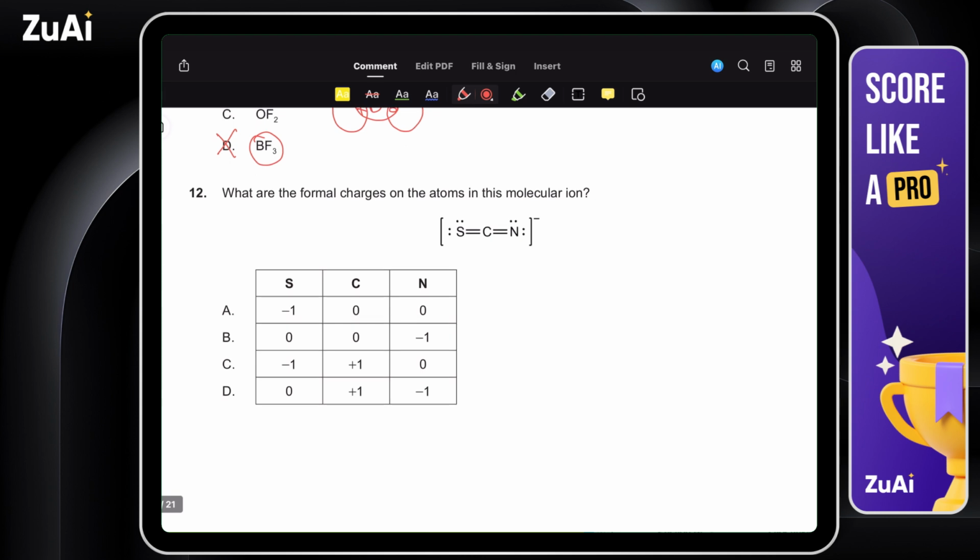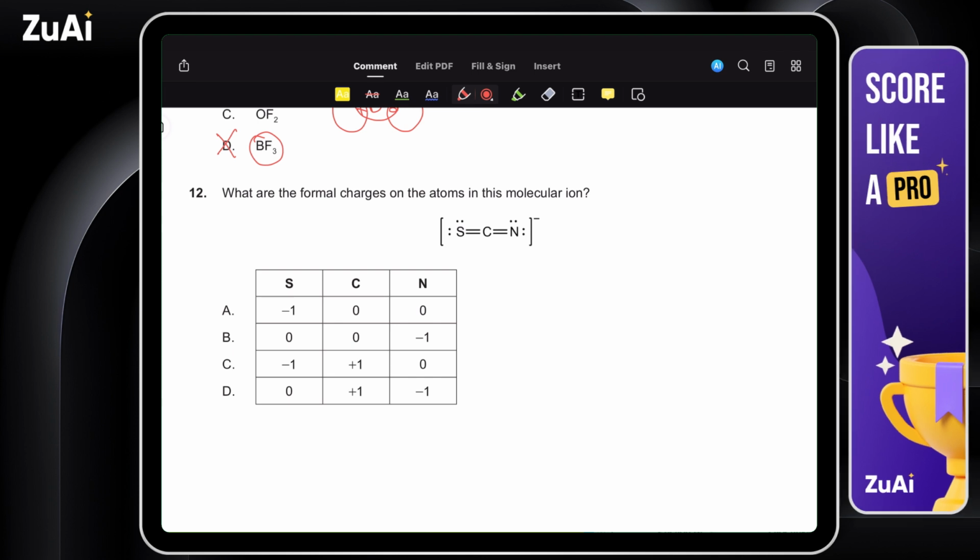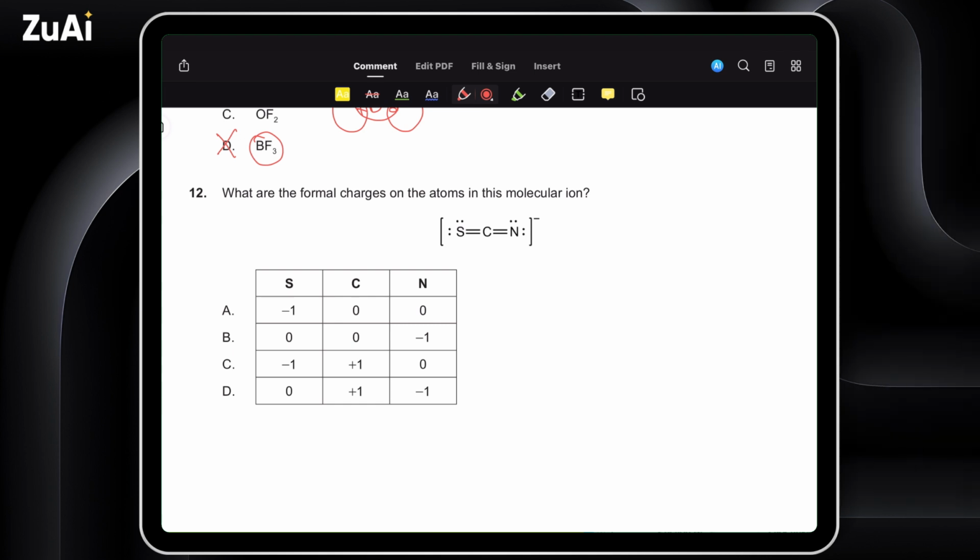What are the formal charges on the atoms in the molecular ion? So how do we calculate the formal charge? There is a way.